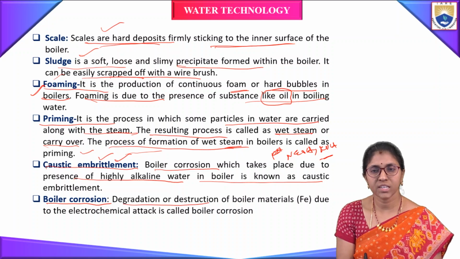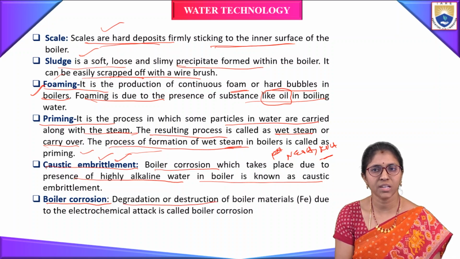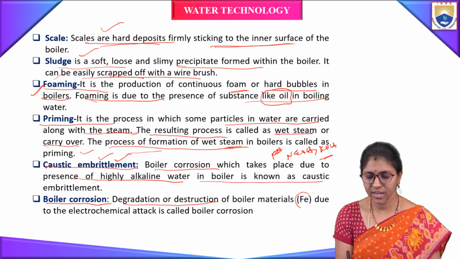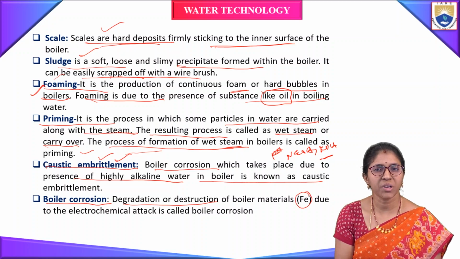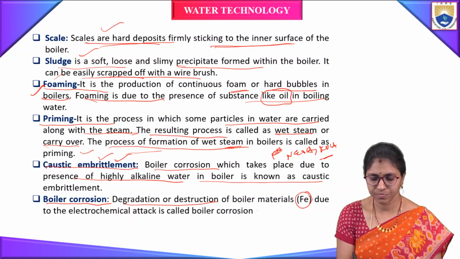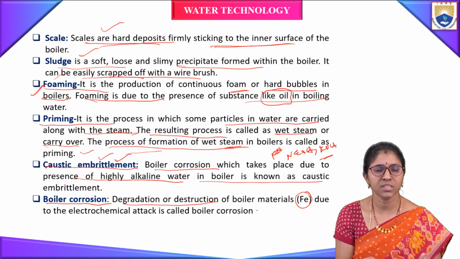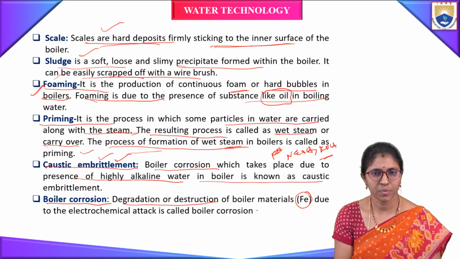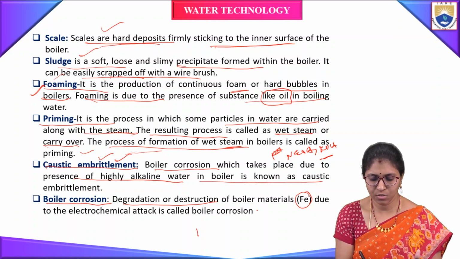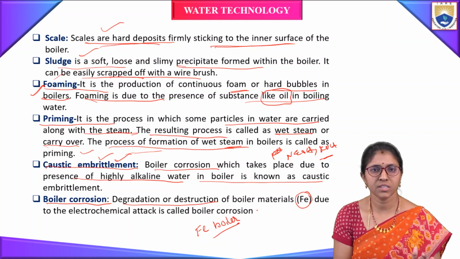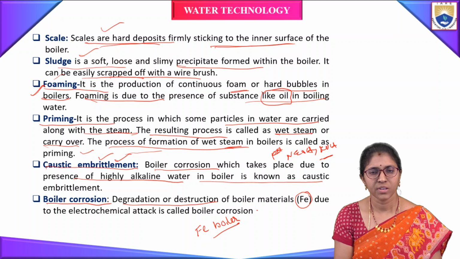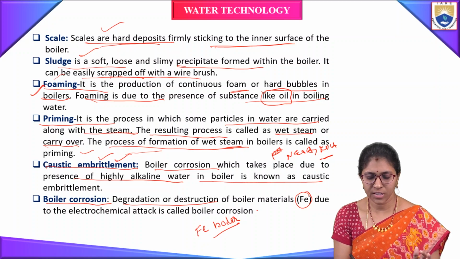So what is boiler corrosion? It is the degradation or destruction of boiler materials, for example iron, due to electrochemical attack. We know that corrosion is the degradation or destruction of any metal. Here we are using iron boilers. Boilers are made up of iron or steel, so these will undergo corrosion because of the electrochemical attack of water and the impurities present in water.